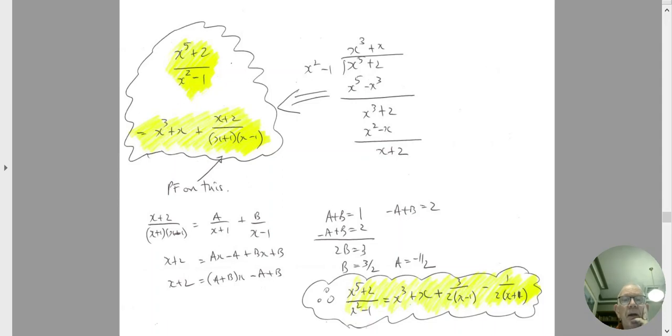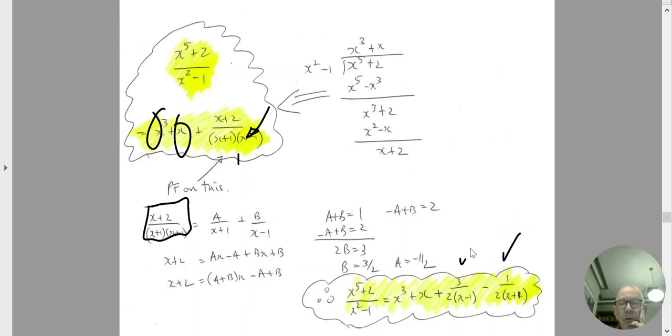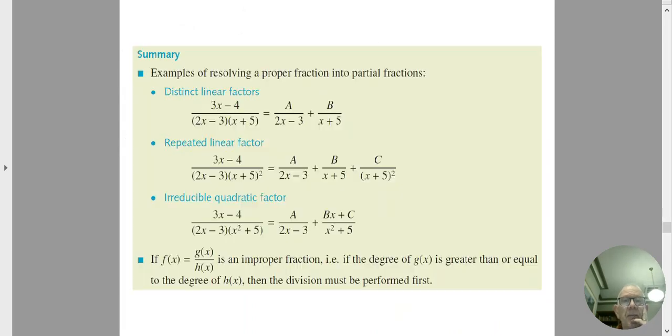I can integrate this, but I can't integrate this. So I need to turn this into partial fractions by working out what a and b are. So you then end up with 3 terms that can each be integrated separately.